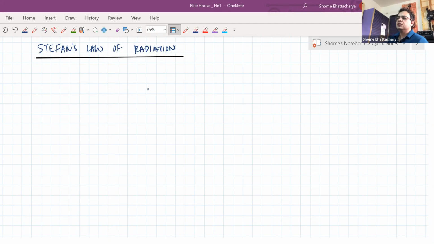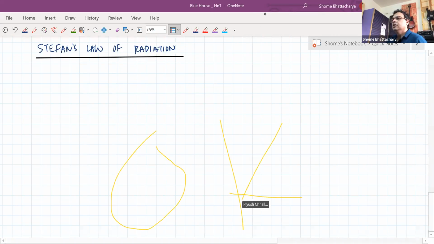But looking at the whole surface, we can make an empirical average of the rate at which it will be absorbing energy through photons, and the rate at which it will be emitting energy through photons. That experimental analysis and data correlation was done by Stefan and Boltzmann, and that is denoted by the Stefan-Boltzmann law, or Stefan's law of radiation.